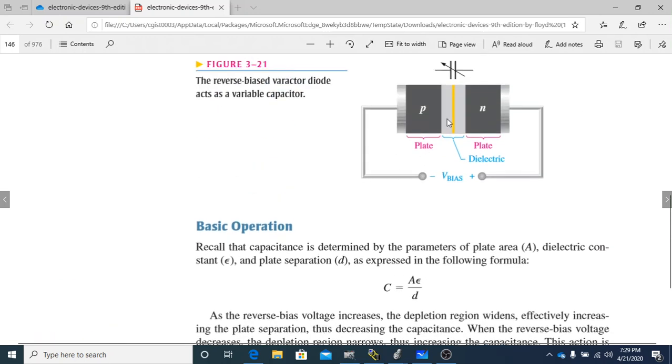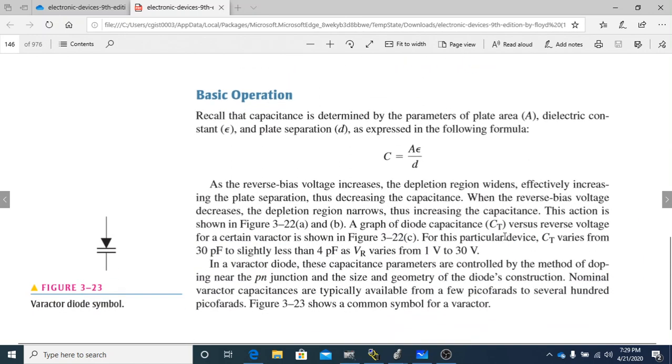So basically that means the plates are going to get further apart, so to speak. And when it does that, that decreases the capacitance, because remember, if the plates get further apart, or if the plate area gets smaller, the capacitance gets smaller.